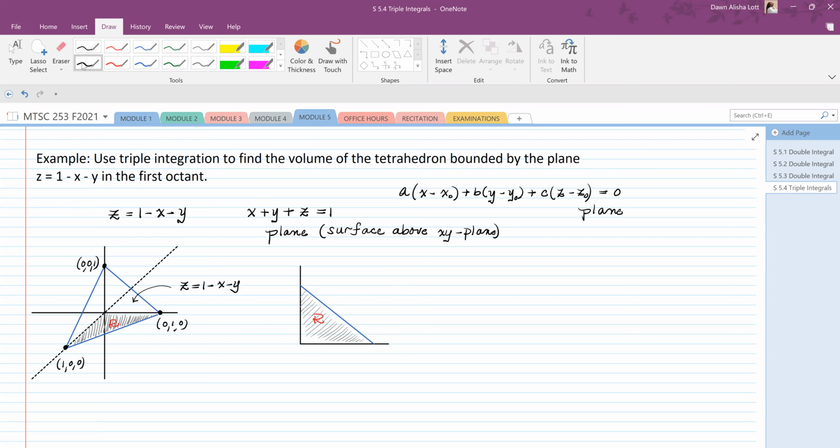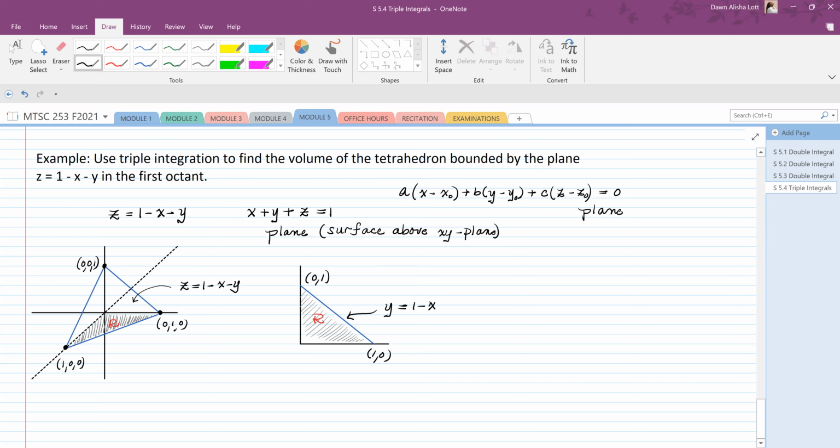Okay. So now I have to figure out how to integrate over R. The way I integrate over R is I start off and say, well, this is the point 1, 0, and this is the point 0, 1, and this is the line y is equal to 1 minus x.